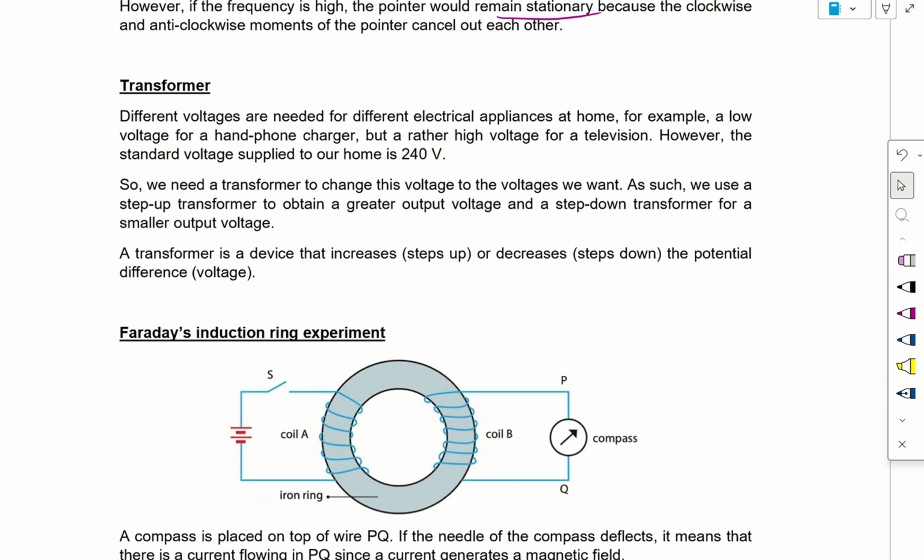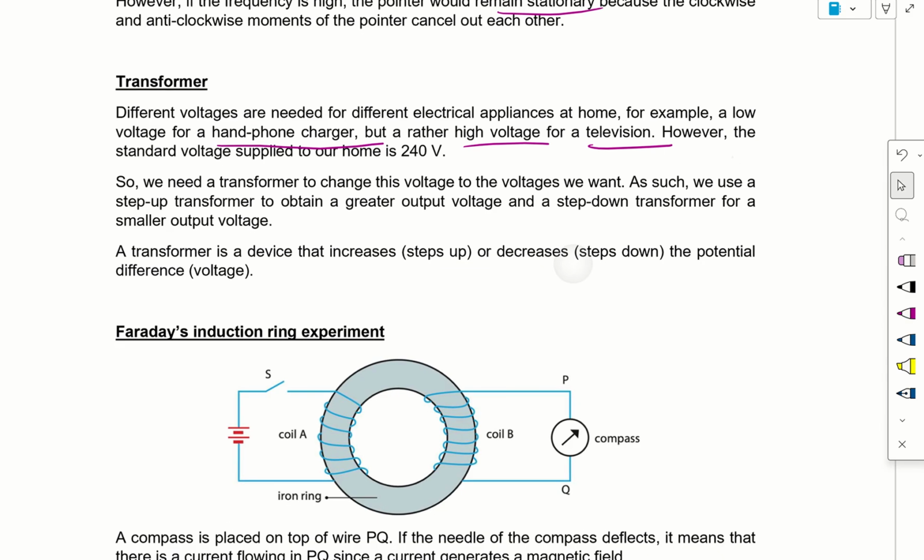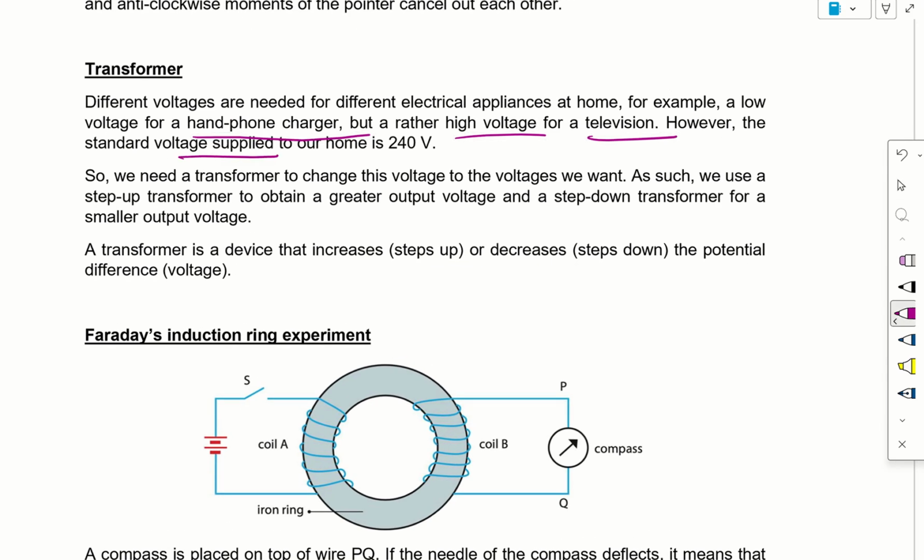Why do we need a transformer? Different voltages are needed for different electrical appliances at home. For example, for a handphone charger, we are using a low voltage. For a TV, we are using a higher voltage. But the standard voltage applied to our home is 240 volts in Singapore.